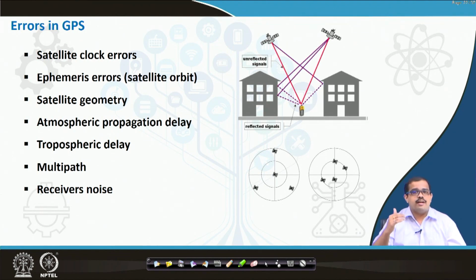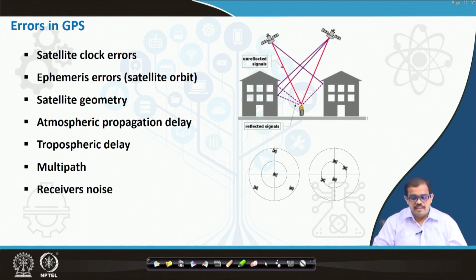That is exactly why we have an atmospheric propagation delay. Then we have a tropospheric delay, which is another cause. When you are looking at the troposphere, a certain amount of delay is introduced. Normally this delay can be handled and corrected in a better way when we are receiving these signals.